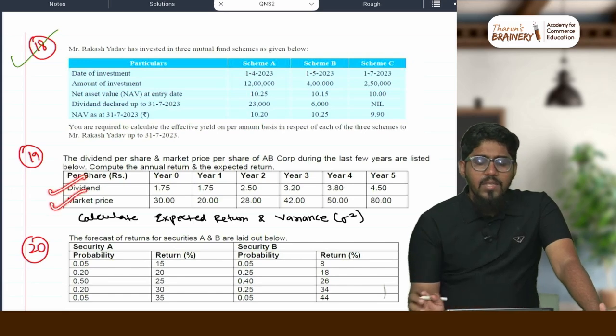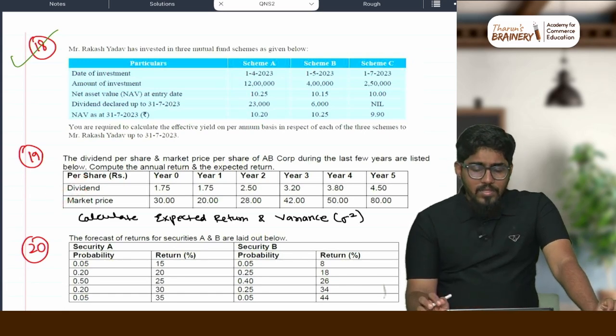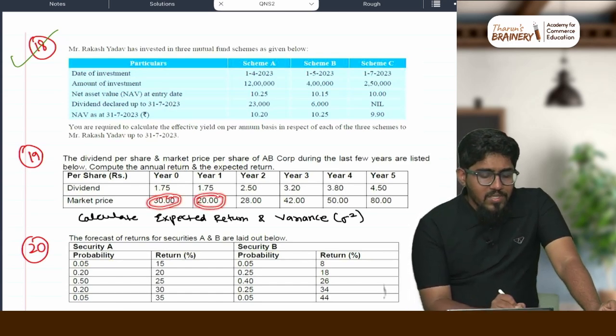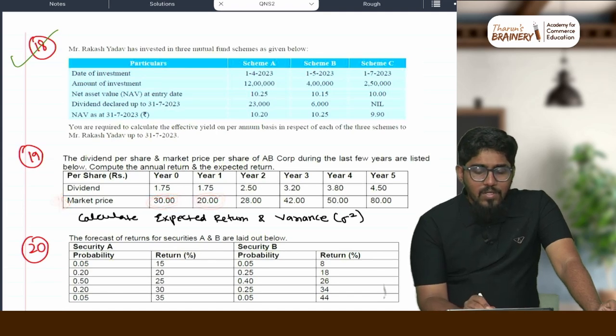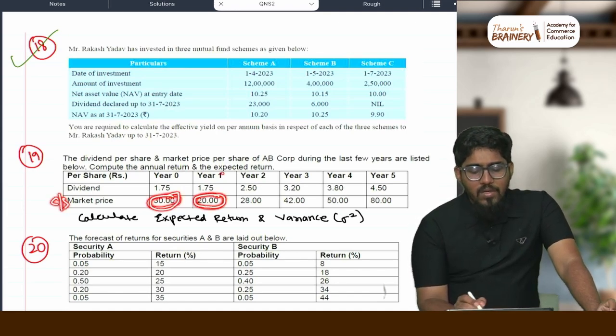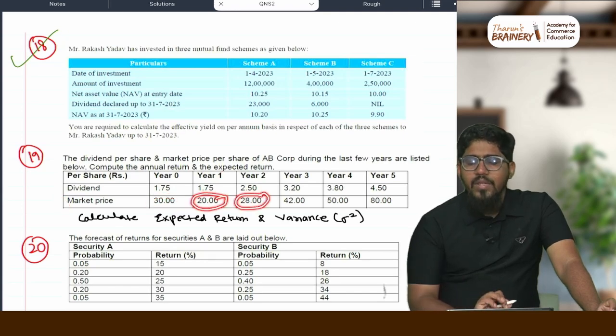Dividend is given, market price is given. So where are the opening market price and closing market price? See, year 0 is the opening market price. This is the closing market price. So for year 1, 20 is the closing market price and 30 is the opening market price. For year 2, 28 is the closing market price, 20 is the opening market price.